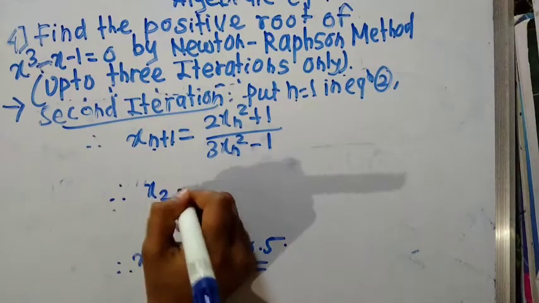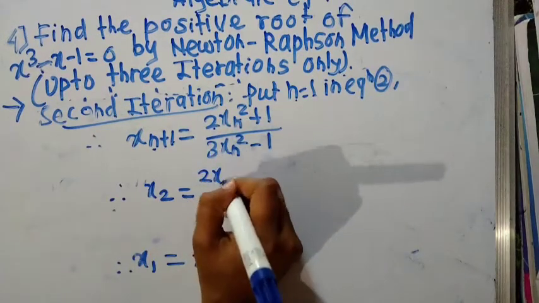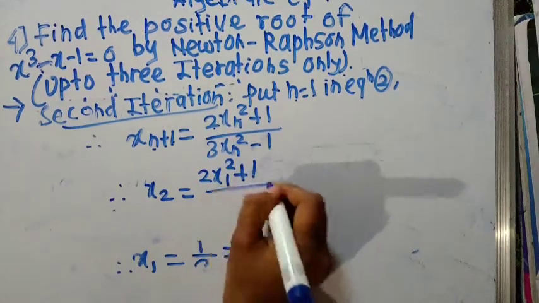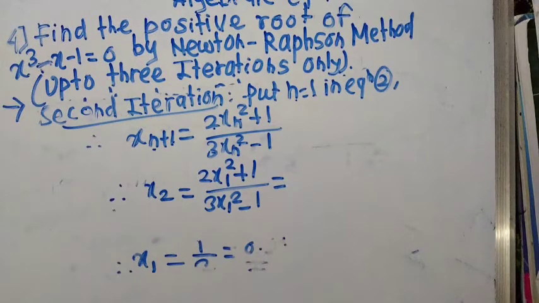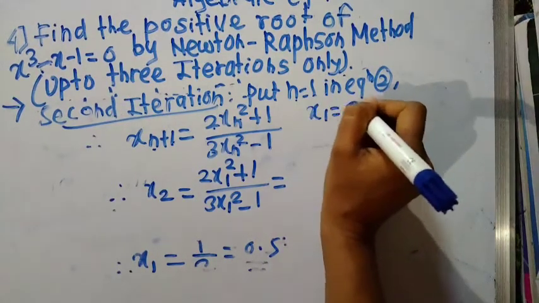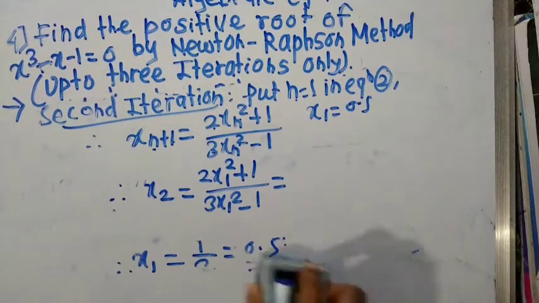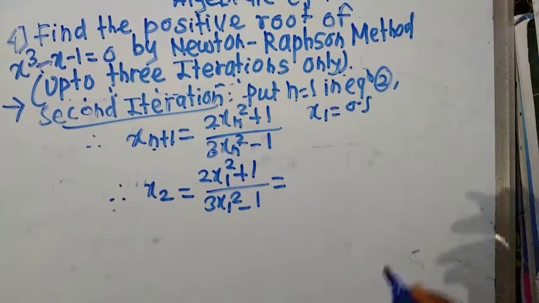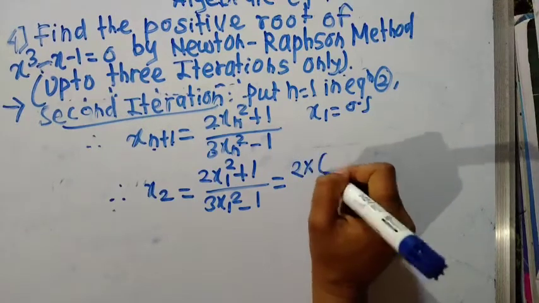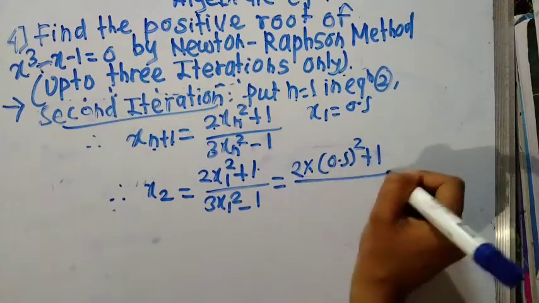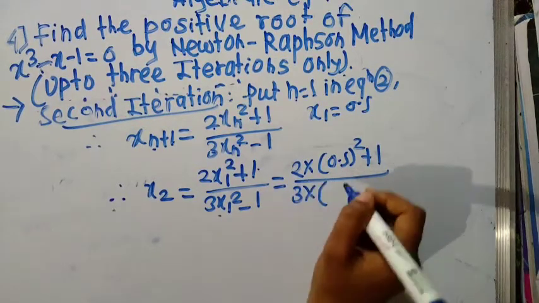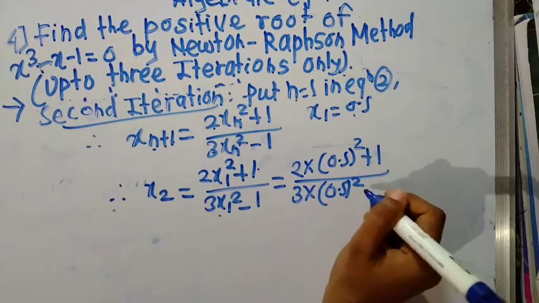So 1 plus 1 is 2, and x2 is 2x1 cube plus 1 divided by 3x1 square minus 1. Put n is equal to 1 and x1 is equal to 0.5. So 2 into 0.5 cube plus 1 divided by 3 into 0.5 square minus 1.